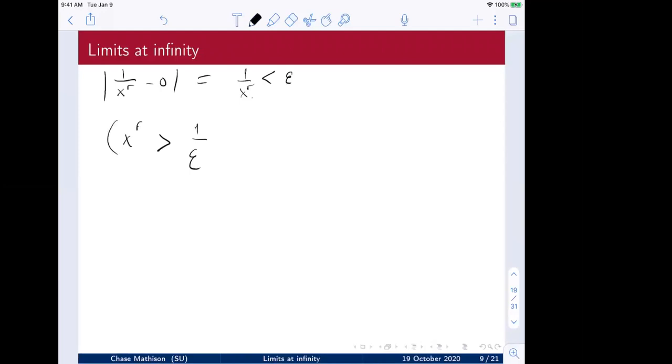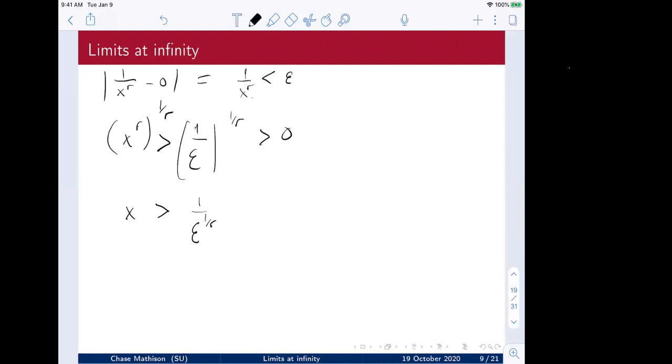But that's the same thing as raising both sides to the 1 over r. So then, x is greater than 1 over epsilon to the 1 over r. This is technically only valid if these are both greater than 0, but we know they are. We assumed that they were.